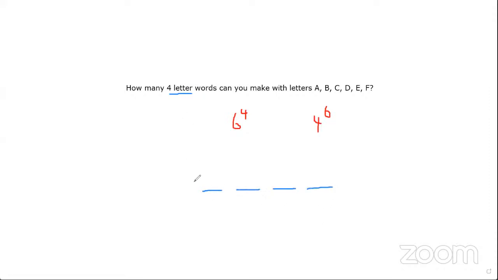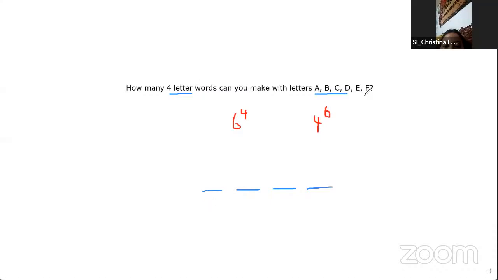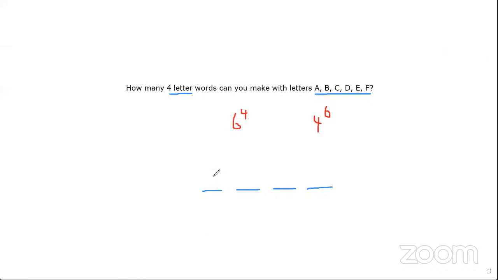There are 4 places. For the first place, how many possibilities? 6, because you choose from these letters, so there are 6 of them.